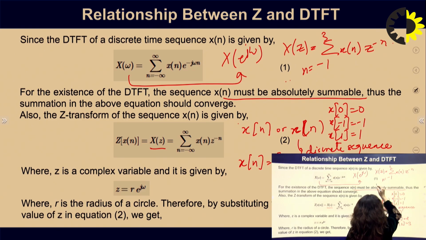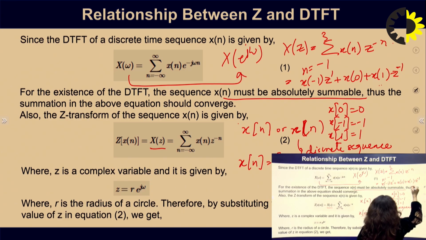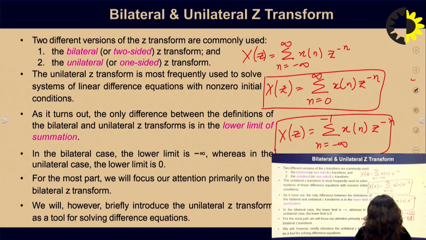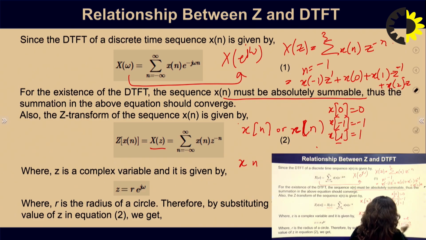We can get the values like x[-1] z to the power 1 plus x[0] plus x[1] z to the power minus 1 plus x[2] z to the power minus 2, and similarly the rest. So we can put all the values in.